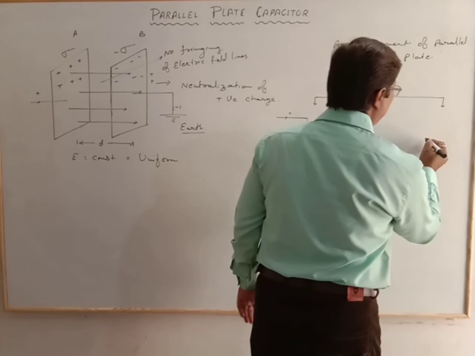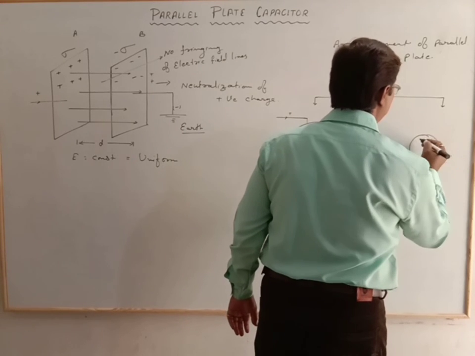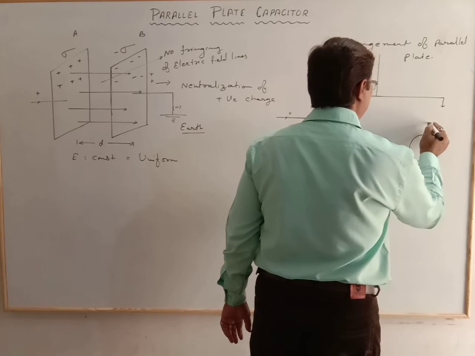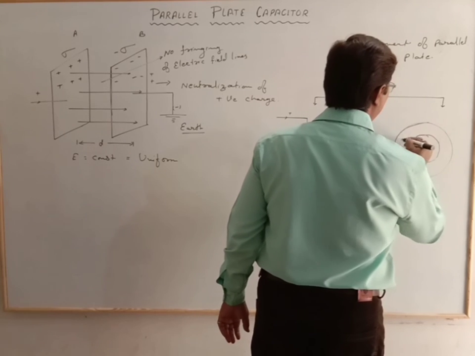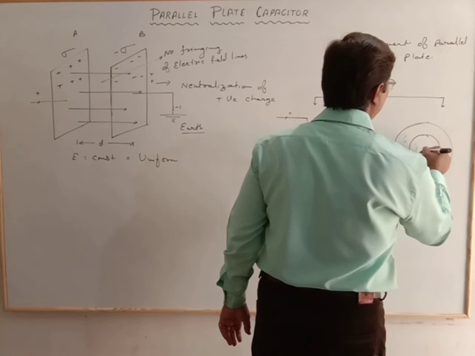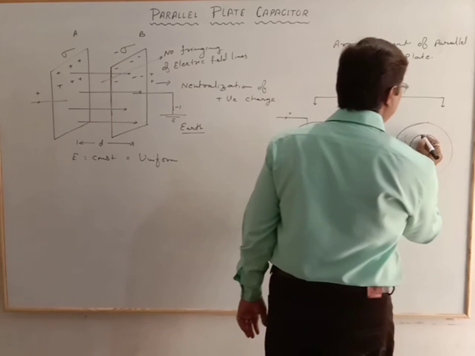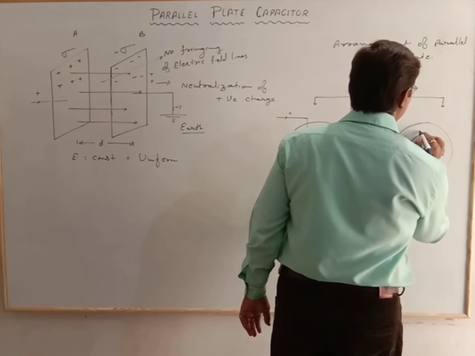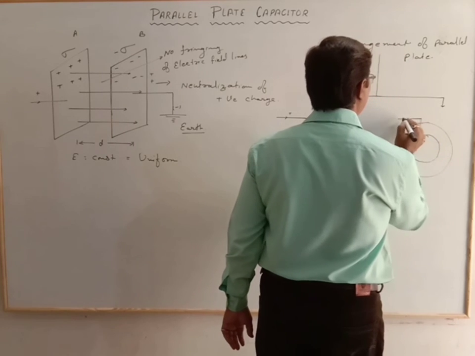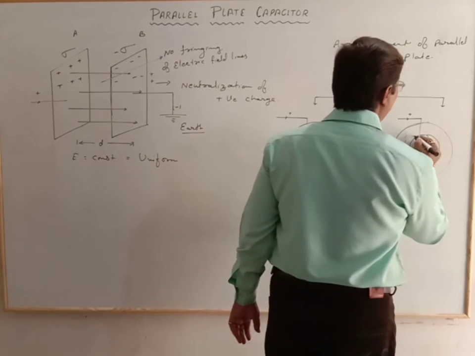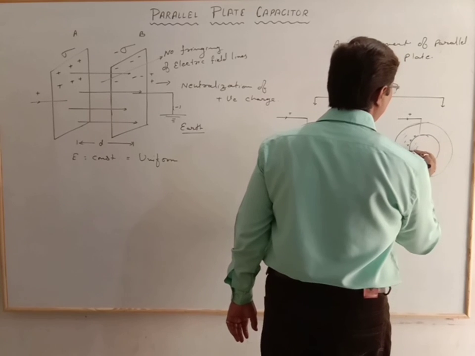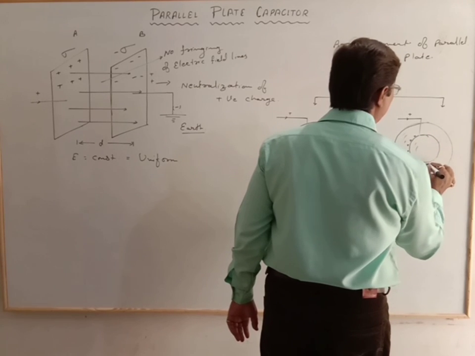And another, if you consider the spherical: suppose these are two spheres, one is sphere A, which gets the charge, and the charge will be arranged over the sphere like this.